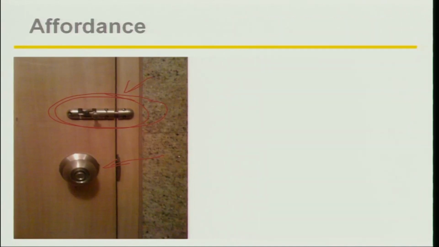Like in this one, I can see that if it was in this position, it is unlocked because there's a gap over here. But in this position, it is locked because the spindle has run through. So it's very clear that it has strong affordance.